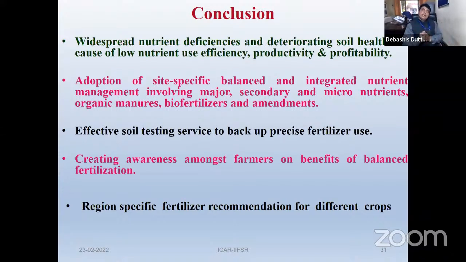And if we see as a whole what is the need of this analysis, why we are giving so much importance to the analysis of the compost, then we can say that widespread nutrient deficiency and deterioration of soil health are caused by low nutrient use efficiency, productivity, and profitability.